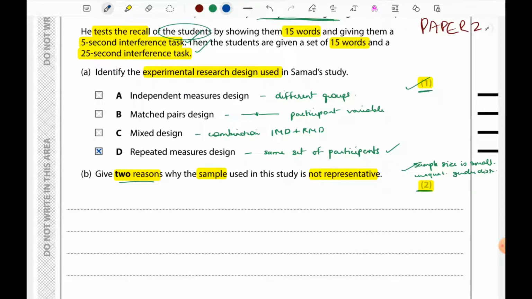So we would write, one reason is that there are a total of only 8 participants in the sample.